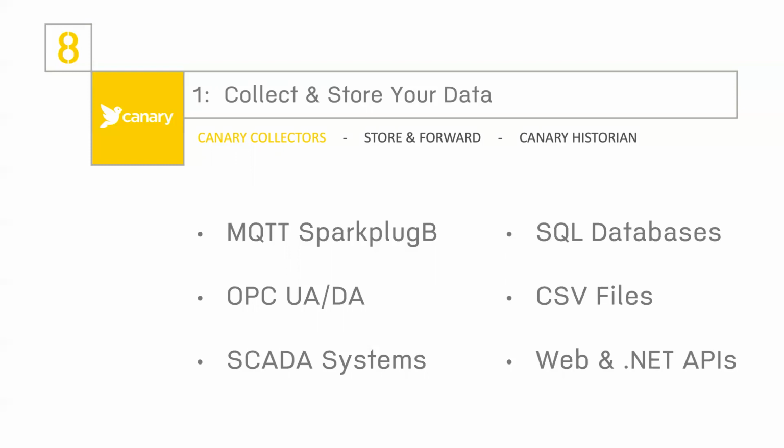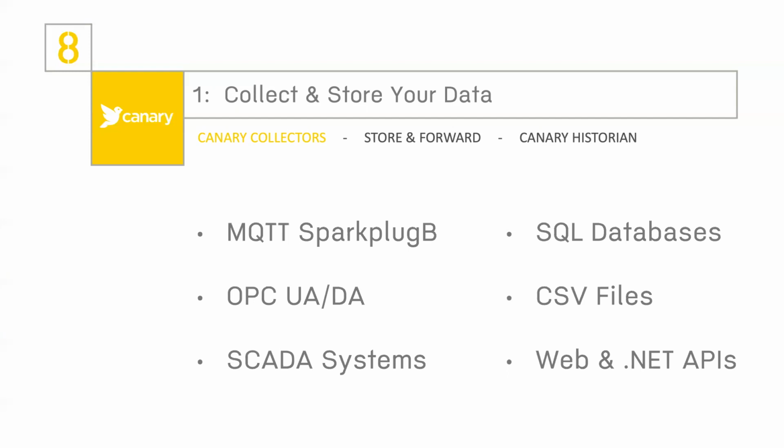Just as there's a module specifically written for the Ignition SCADA system, they have other components to get data from other types of SCADA systems into the Canary historian as well. And then we can also integrate data that sits in SQL databases and CSV files, and they also have a very good web and .NET API that you can utilize to not only get data into the Canary historian, but also get data out of it.